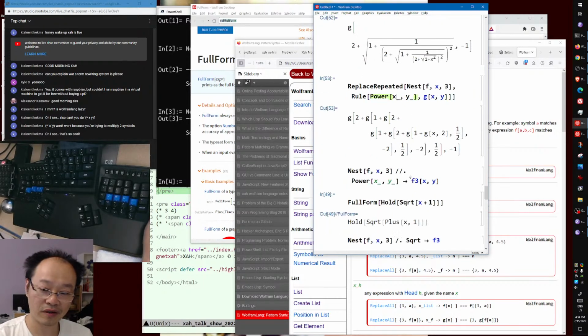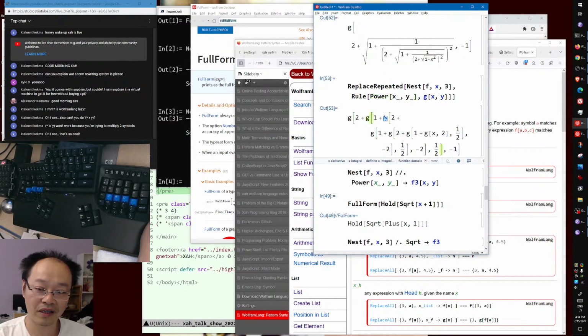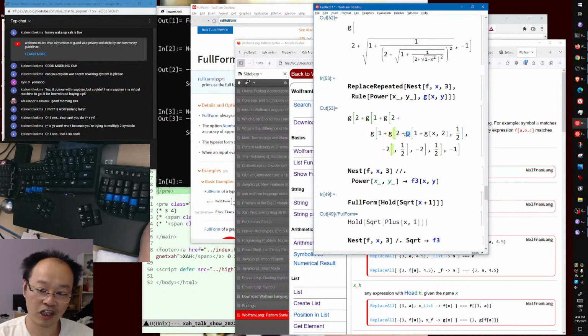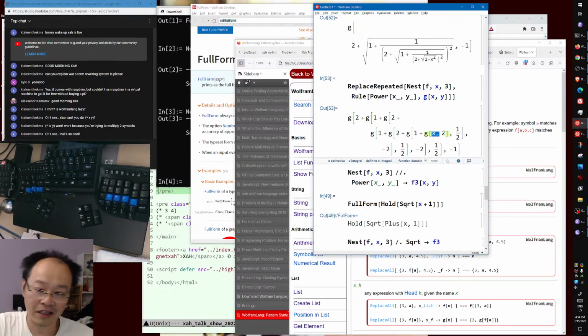If you are going to do this in Python, JavaScript, or Golang, you cannot. First of all, they don't deal with symbols, so you can't have this g of x, because it'll just say g is undefined, x is undefined.